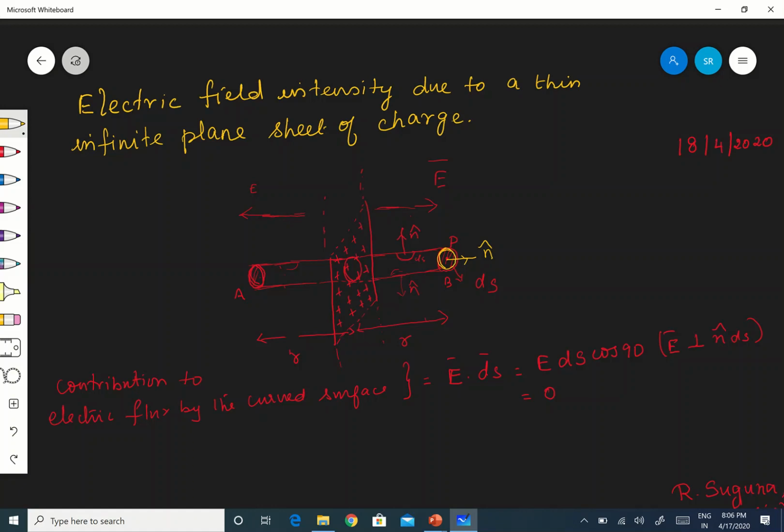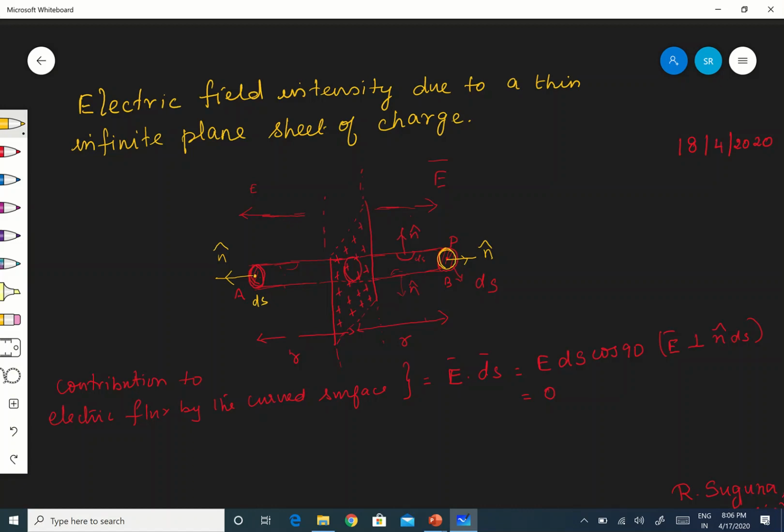At the edge face, this is the area vector. At B, the electric field will be towards the right, and the area vector will also be towards the right. At A, the electric field will be towards the left, and the area vector is also towards the left. Here also it is ds.